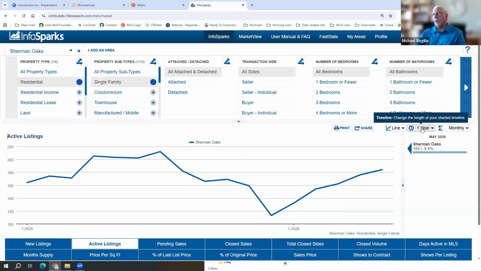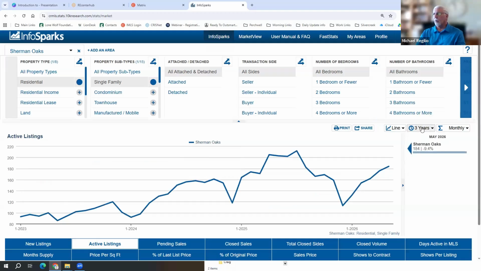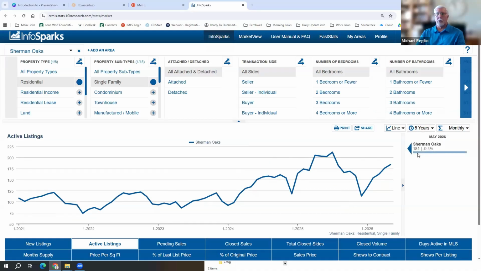We can go a year, we can go 3 years, 5 years, which is what I will do 99% of the time. I look at the marketplace as pre-COVID and post-COVID. The market is completely different since 2020, 2021.